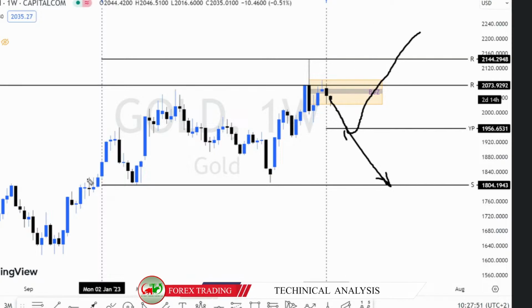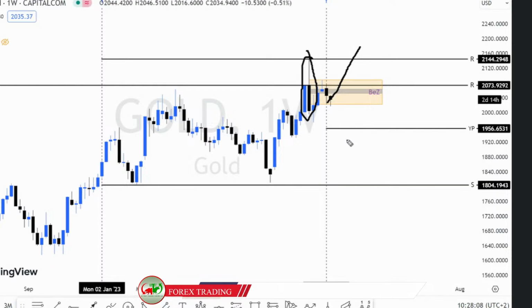The uptrend will be confirmed if we could break and close above this high. But for me, this false breakout is a bearish signal, and of course I'm still watching it.